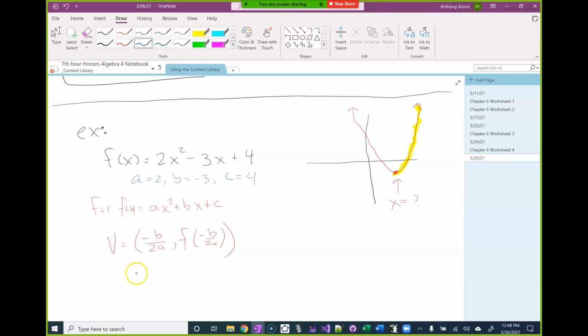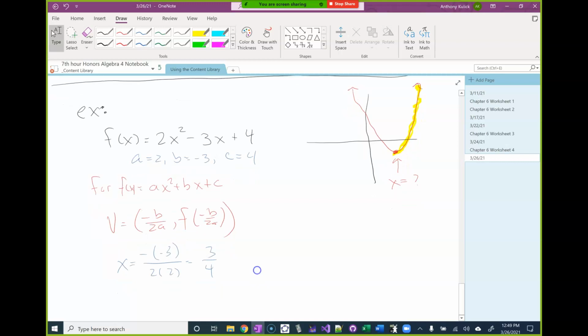So the x-coordinate for my vertex is 3/4. The restriction I'm going to place is that x has to be greater than or equal to 3/4. That is what I'll be cutting. Sound good?